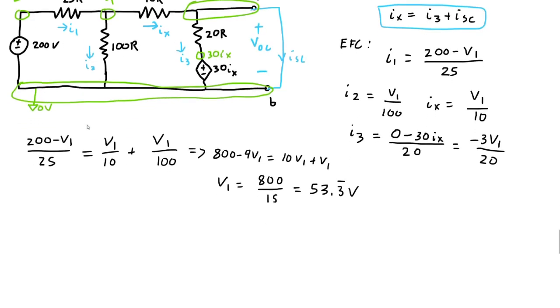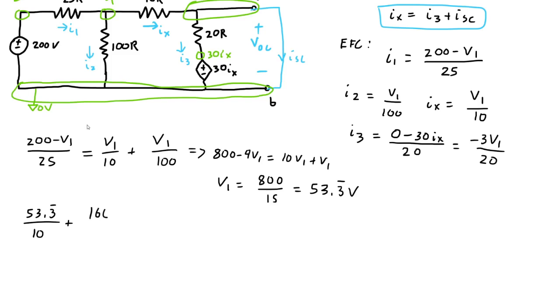So Ix is going to be 53.3 divided by 10 minus 3V1. So that's going to become plus, right? Yeah, it's going to become plus. So minus 3 times 53.3 is 160.